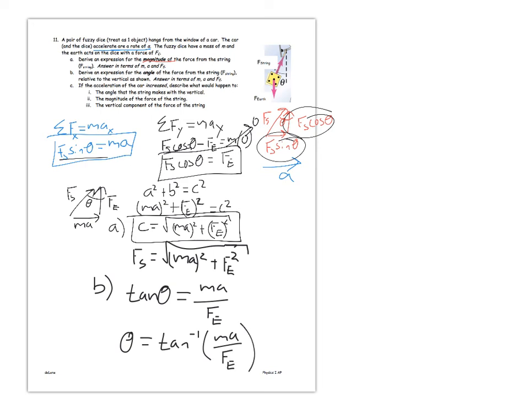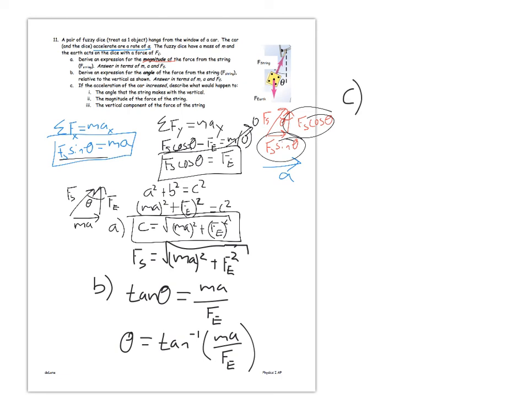We're doing a lot of the things we would normally do with vectors when we know the components, and that's what we found here. We're trying to find the magnitude and direction. Once we know those components, we can do Pythagorean theorem to get the magnitude, which is the hypotenuse, and we can use some inverse trig to get the angle.